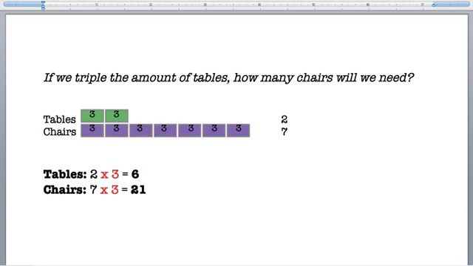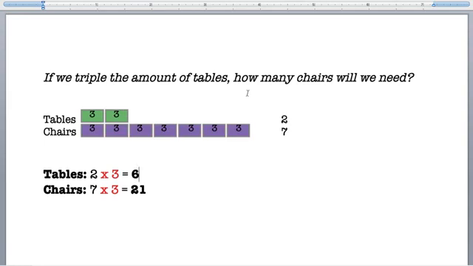Instead of 2 tables, 1 and 2, we're now taking the 2 tables and multiplying by 3. 2 times 3 is 6. And here we also see 3 plus 3 is 6. So there, the tables are being tripled.